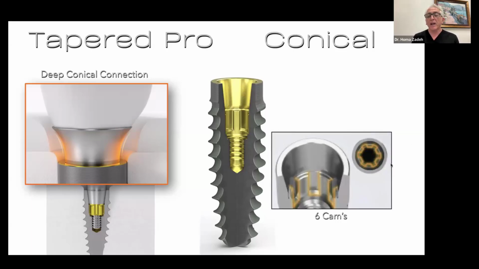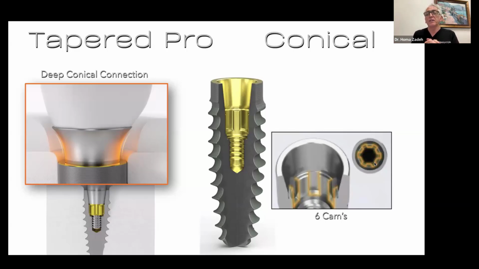Now, this implant, unlike the cone lock, has 6 cams. You saw that the cone lock has only 3 cams. This becomes very handy if you have especially some angled abutments that you're using, then you have 6 positions. When you're using custom abutments, it doesn't really matter.